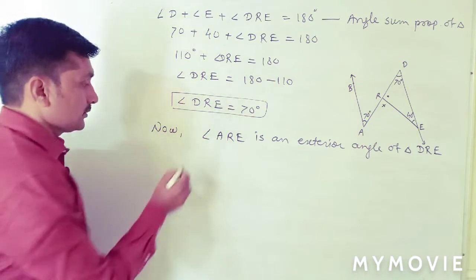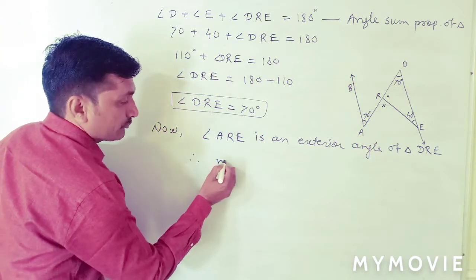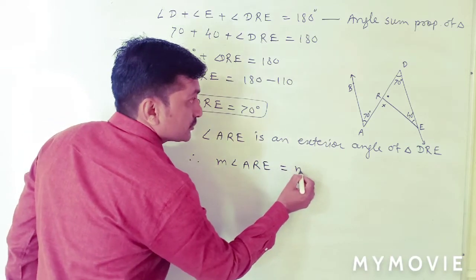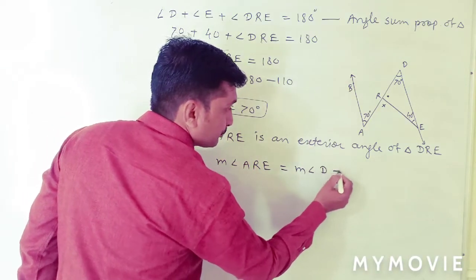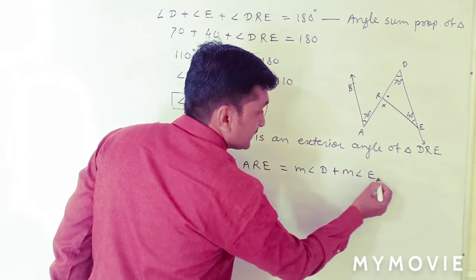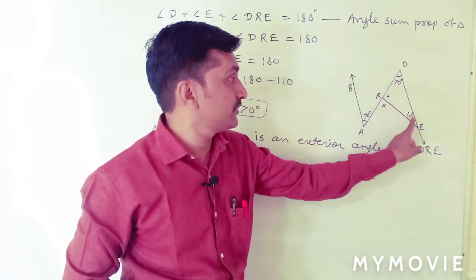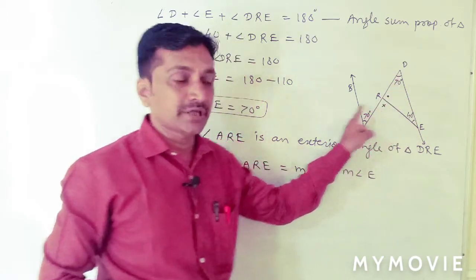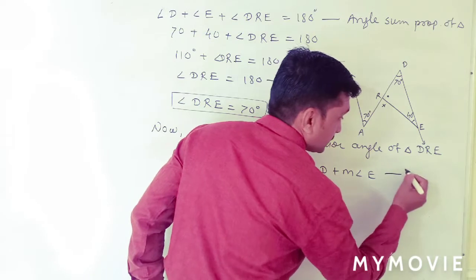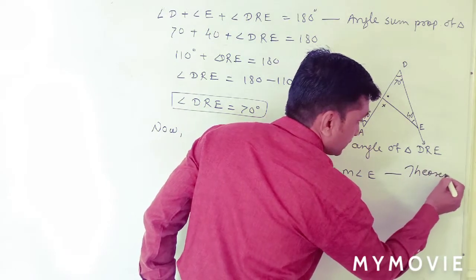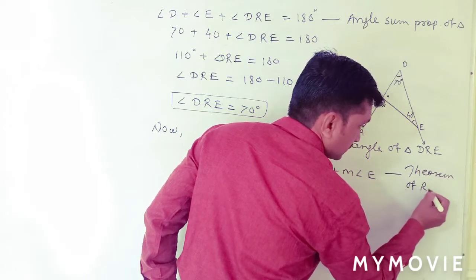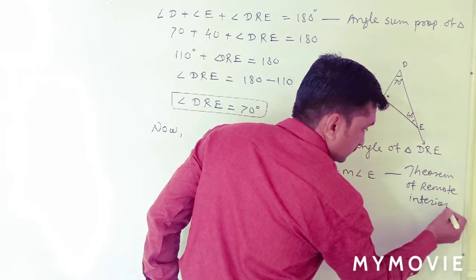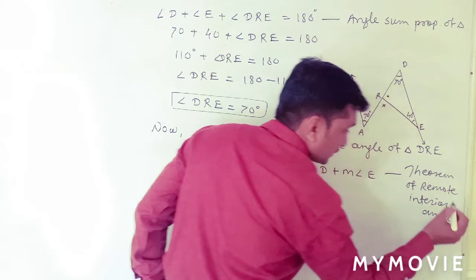Therefore, the measure of angle ARE is equal to the measure of angle D plus the measure of angle E. These are remote interior and this is exterior. That's why the sum of these two is equal to the exterior. Reason: theorem of remote interior angles.